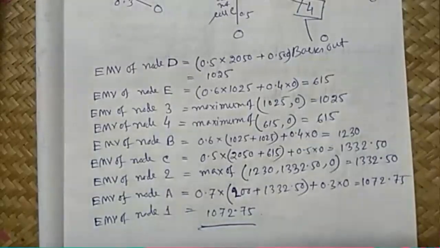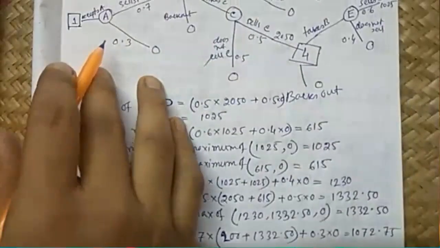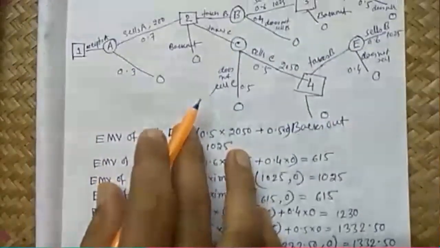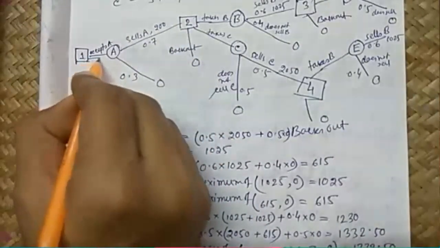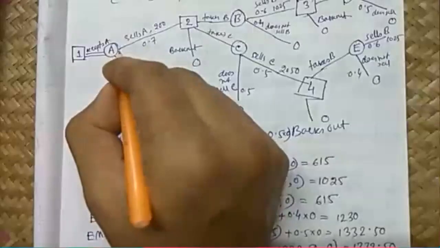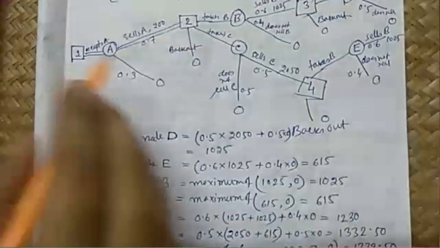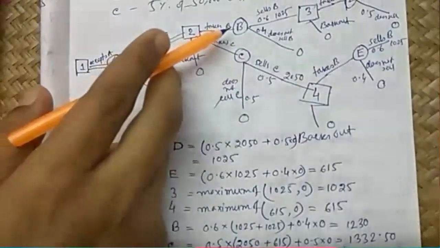If he takes this path, which I am showing in double line, he accepts A, then he sells A, then you see B and C.